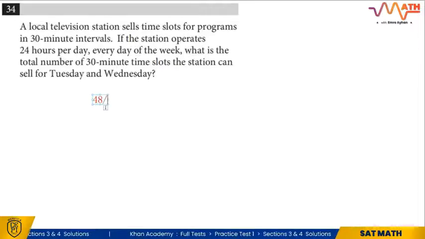We have to divide by 30 minutes, but the units must be the same. 30 minutes is a half hour, so 0.5. When you divide by 0.5, meaning you multiply by 2, it's 96 slots they can sell.